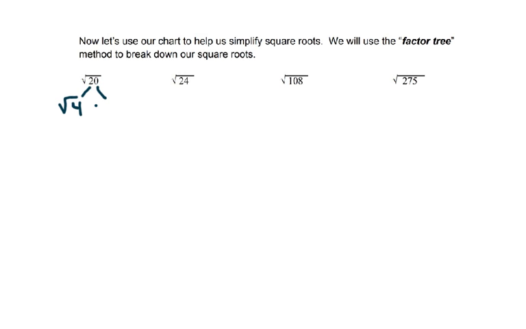So I'm going to make the square root of 4 times the square root of 5. Since 4 is the largest one, the square root of 5 will not break down anymore. So the next row on my tree is the square root of 4 gives me 2, times the square root of 5. Therefore, the square root of 20 simplified is 2 square roots of 5.